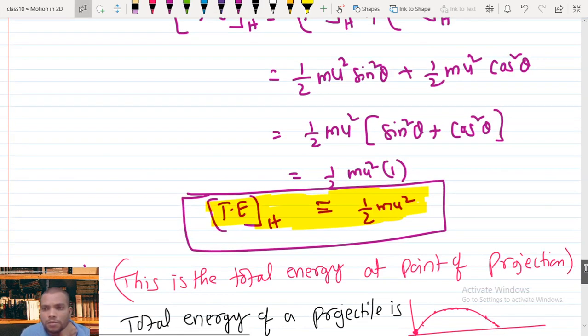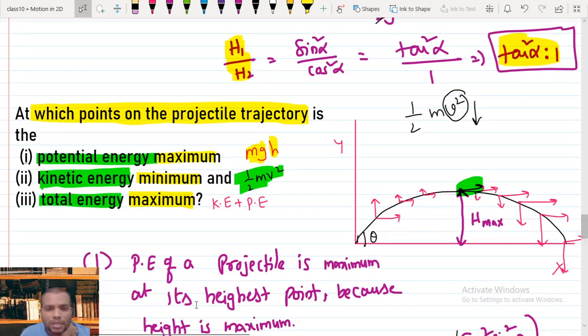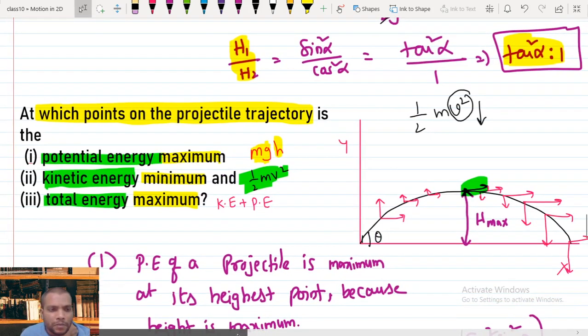So from this problem we understand three important points to remember about projectile motion.